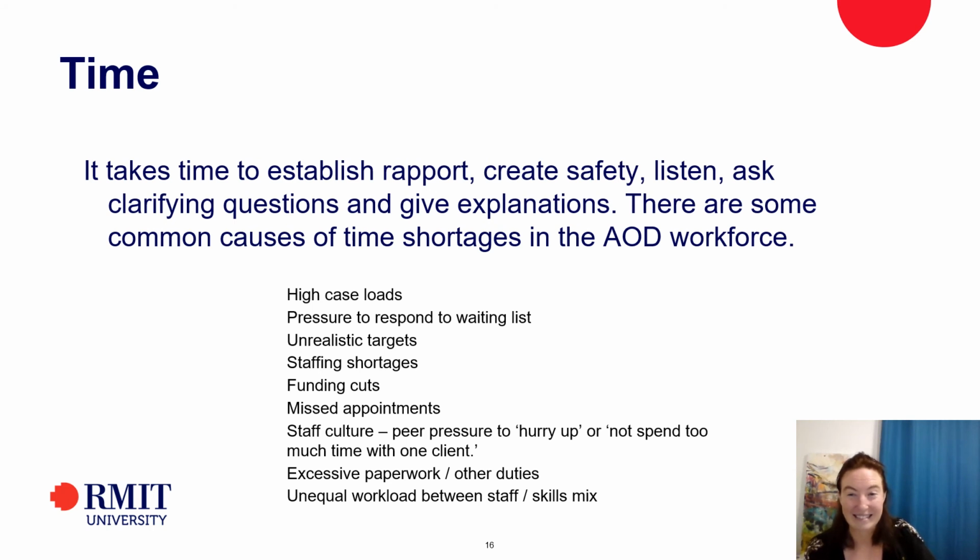Staffing shortages, I think you all know what that means. Funding cuts, once again, drug and alcohol services have always struggled to get enough funding from the government to be able to supply drug and alcohol support to all the people that require it.